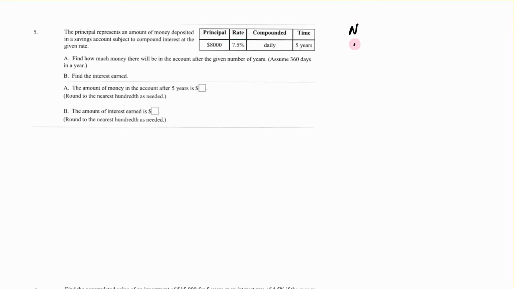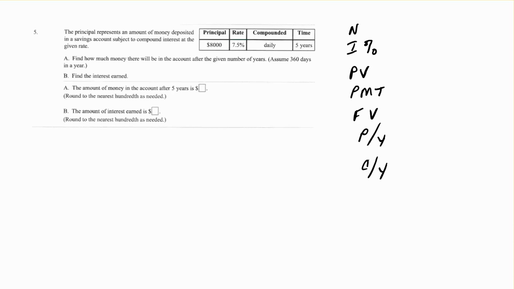We have N, I%, present value, payment, future value, P per Y, C per Y. All right, in this one, it is compounded daily. And for financial reasons, we're going to say that that's 360.